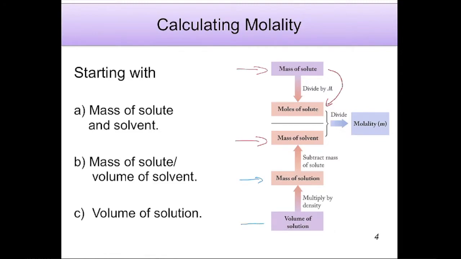If you start off with the volume of the solution, then you have to multiply by the density in order to get the mass of the solution, and then from there get the mass of the solvent. And again, this ratio here is going to be the molality, right? The moles of the solute divided by the mass of the solvent. And that's going to get you the molality.